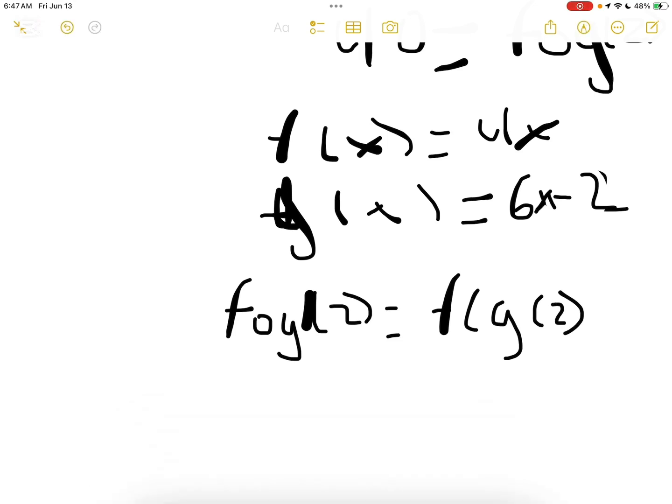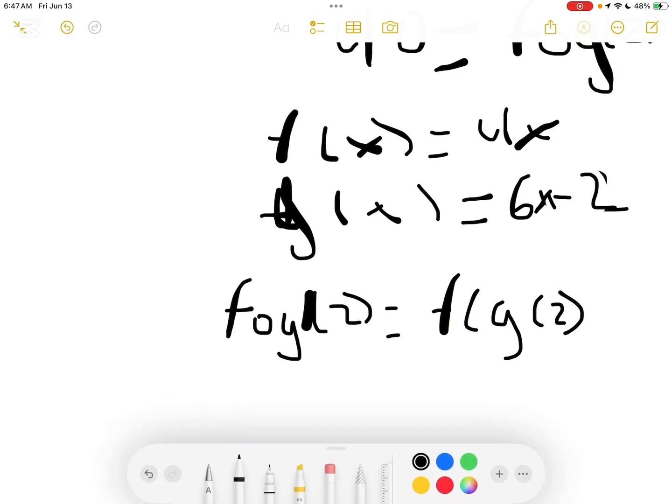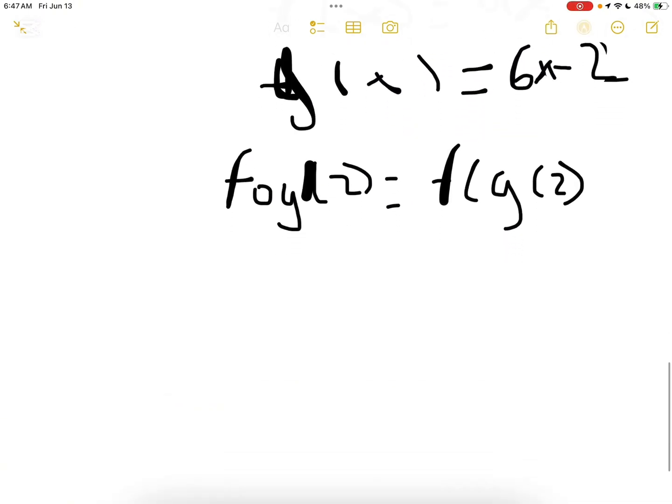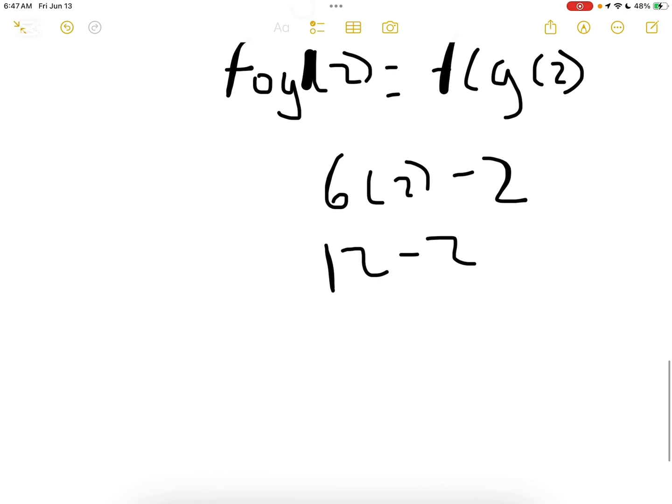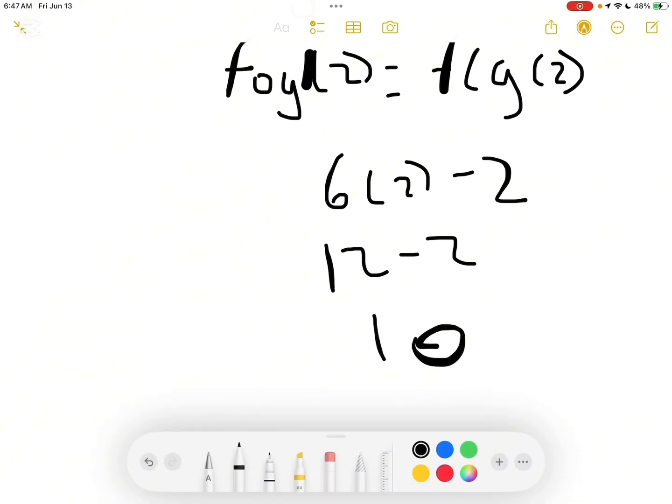So we'll start by factoring 2 right off the bat into our g function. So we'll go 6 times 2 minus 2. So 6 times 2 is 12. 12 minus 2 is 10. So that is what our g function looks like after substituting, 10.